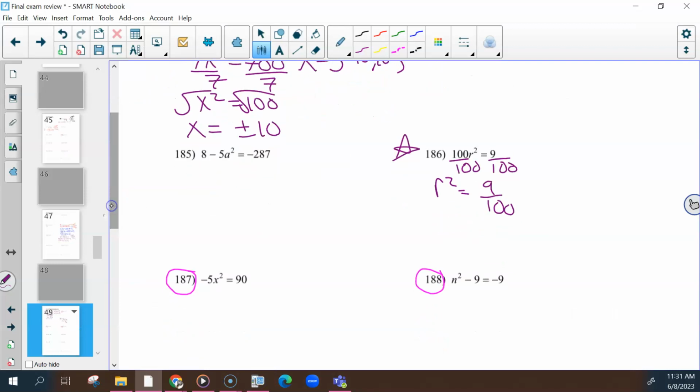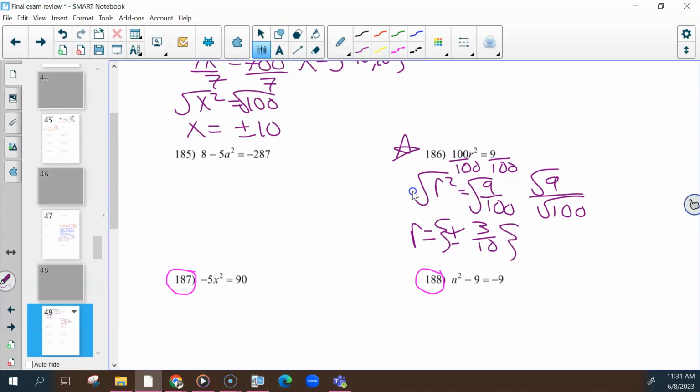And then you're going to take the square root of both sides. If both of these numbers are perfect squares, then you're going to take the square root of each one individually, like 3 and 10, and then do plus or minus. You can write it as a combined solution set, or separate them.